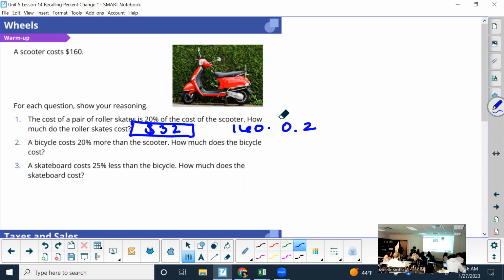Good. So why do we multiply it by 0.2 instead of by 20? All right, you have to convert the 20% to a decimal if it's going to make sense. If I do 160 times 20, that's way more than 160, and that wouldn't make sense for this answer. So if you don't know how to convert percentages to decimals, how could I do that?